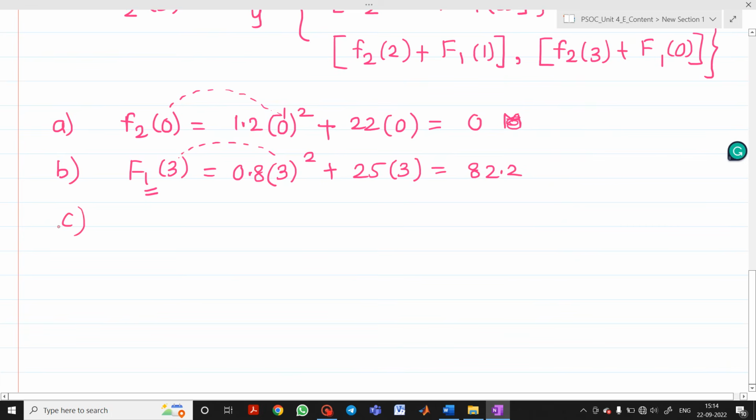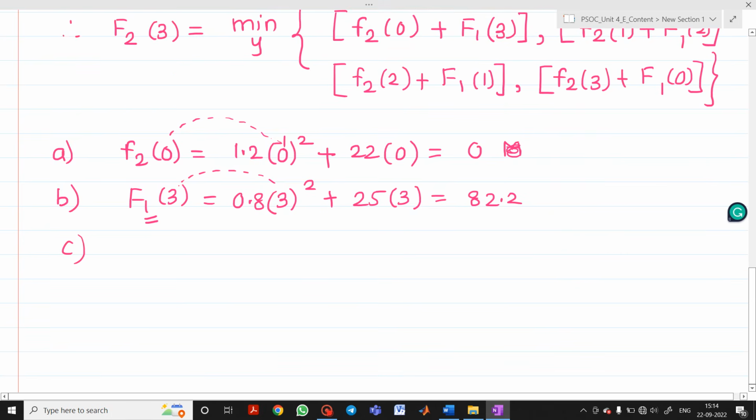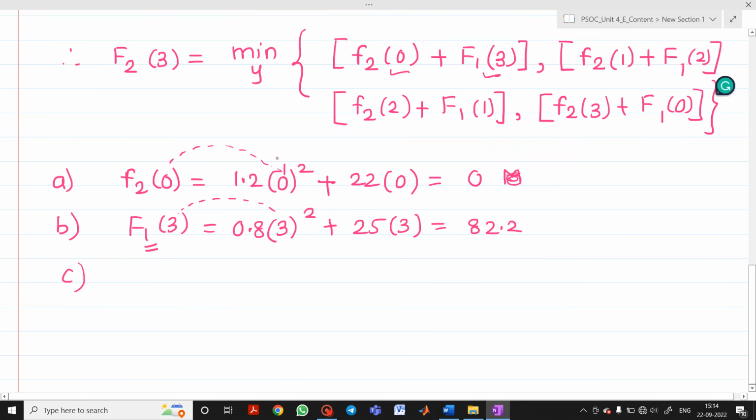Then the third one is nothing but, so if you see here, we completed this parameter, this parameter. What is next? F2 of 1. So I will write small f2 of 1. What is the equation here? 1.2 into 1 square plus 22 into 1. So the answer comes out to be 23.2.